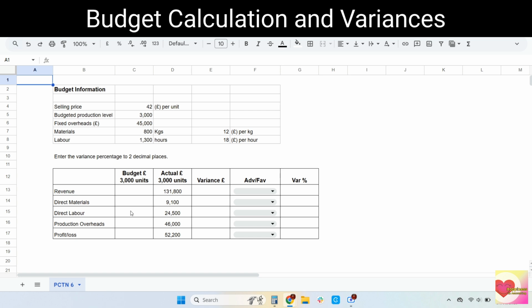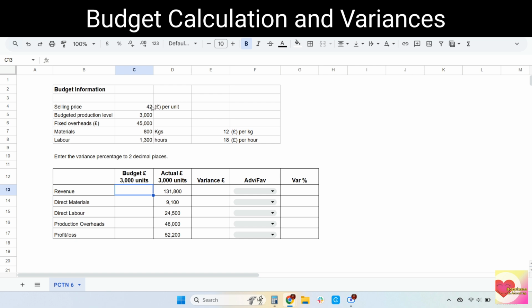We can now answer the budget column. Let's start with revenue. We can see here that our selling price is 42, and it says here pounds per unit. Remember to always pay attention to all the details like this in the budget information.